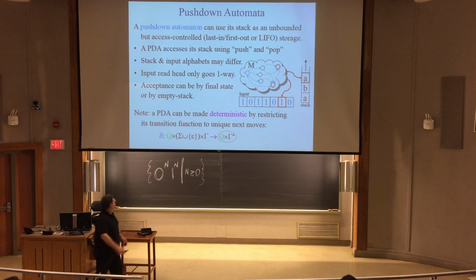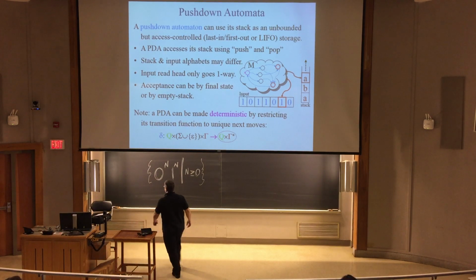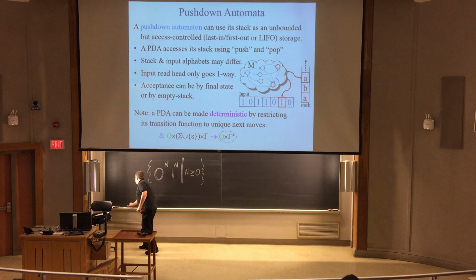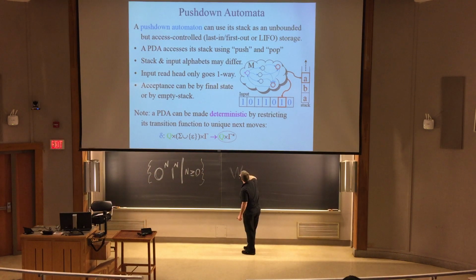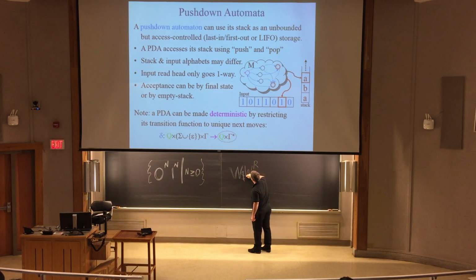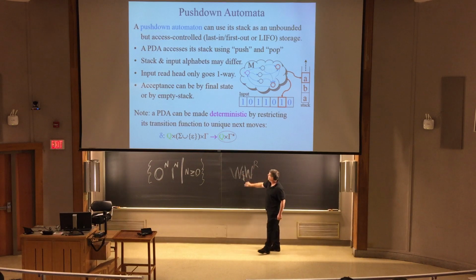What if I have a language that looks like palindromes? So I have a language that looks like W W^R. And let's put a dollar sign here in between so you know where one half of the palindrome begins and one ends. I'm going to mark that middle right here.